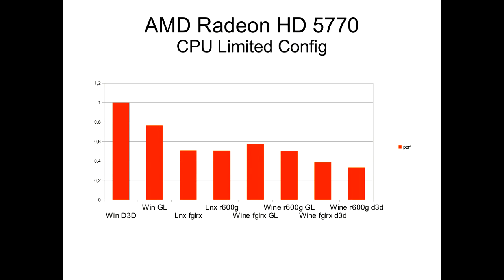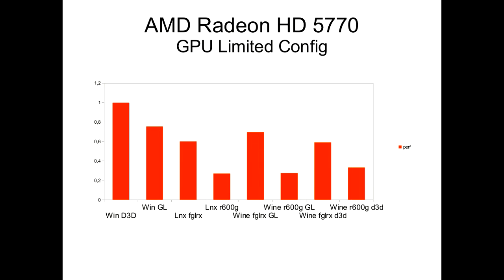And if you then go and run Direct2D applications, it's not really getting better. At least on the CPU side, it doesn't really matter which driver you use, they both are crappy. On the GPU side, FGLRX still sucks, but it's better than R600G in this case.